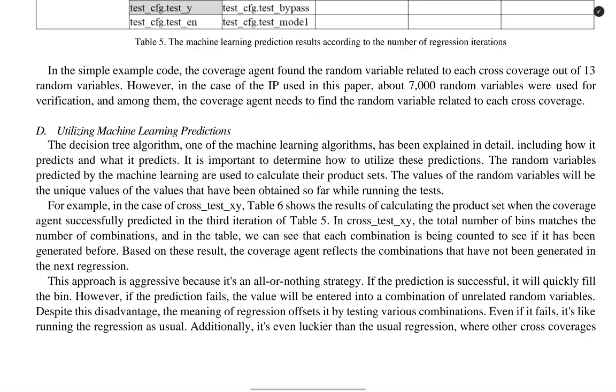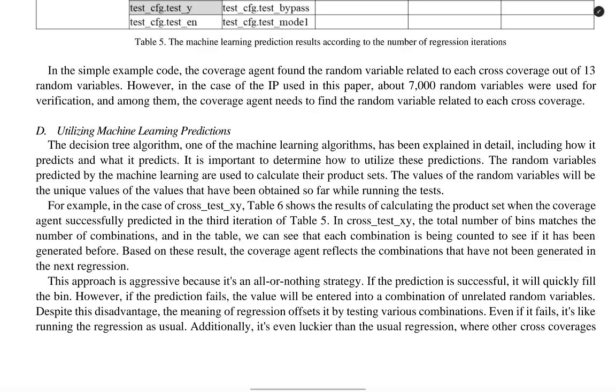The values of the random variables will be the unique values that have been obtained so far while running the tests. For example, in the case of cross_test_XY, Table 6 shows the result of calculating the product set the coverage agent successfully predicted in the third iteration of Table 5.